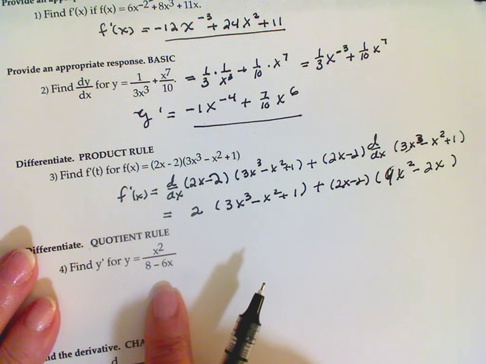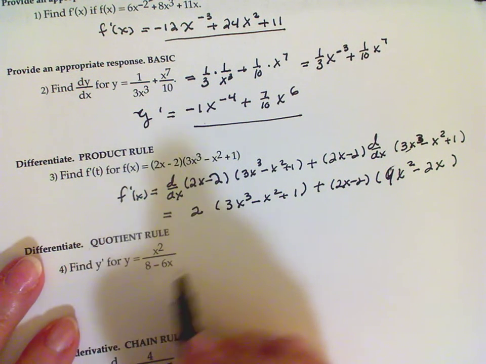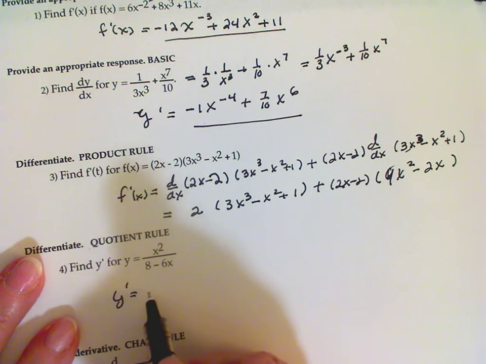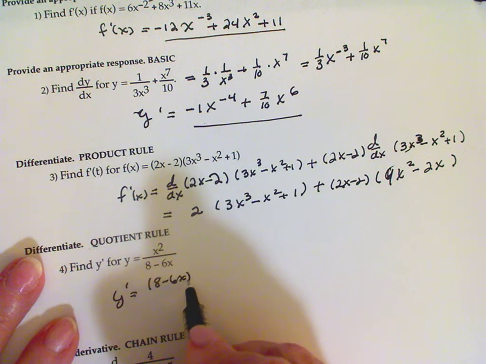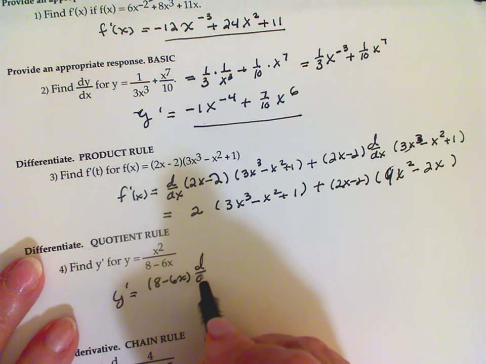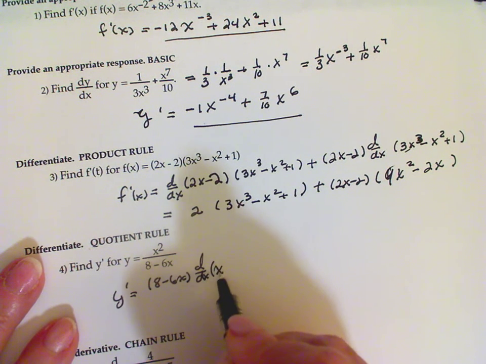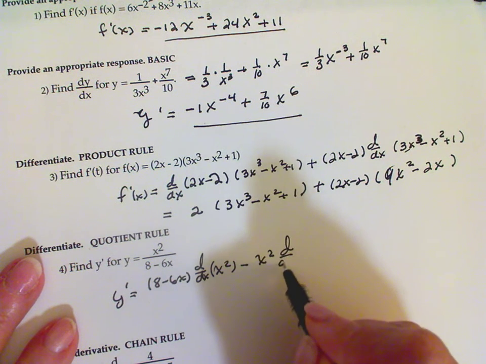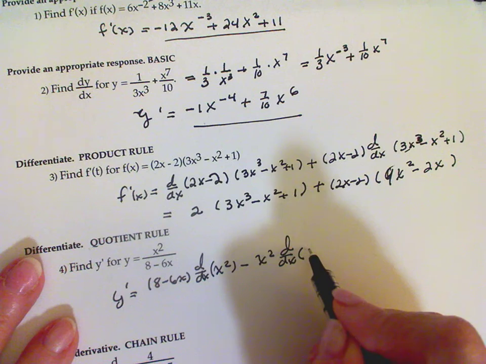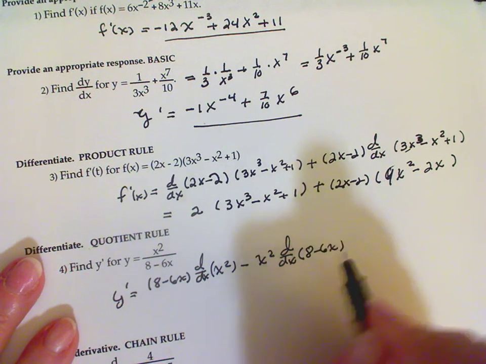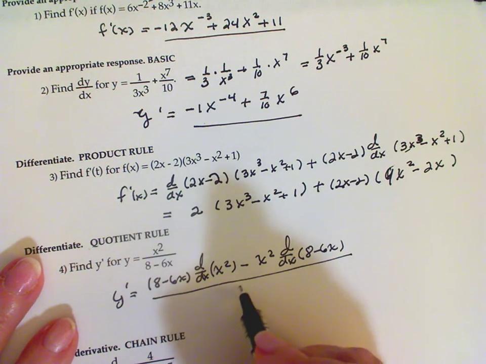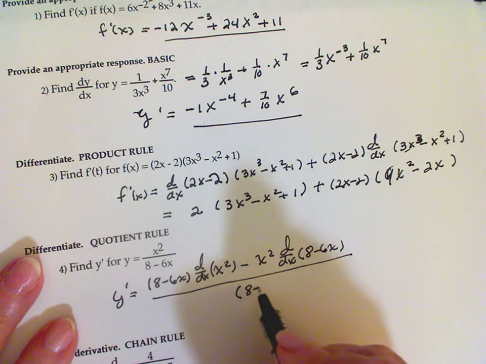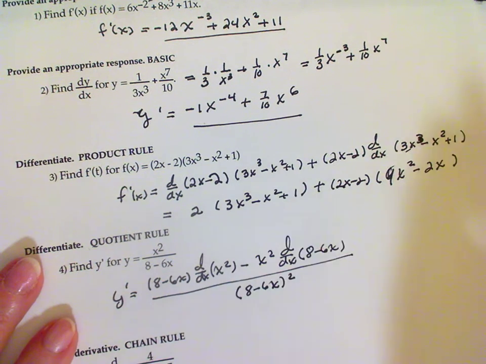Now this is quotient rule. So quotient rule says this: y prime, bring the denominator up times the derivative of the numerator minus the numerator times the derivative of the denominator, all over the denominator squared.